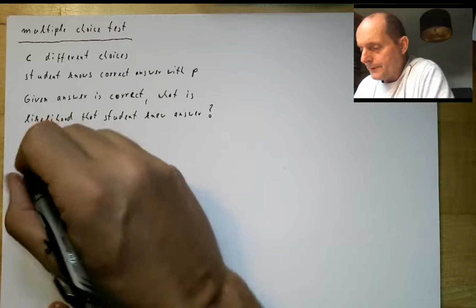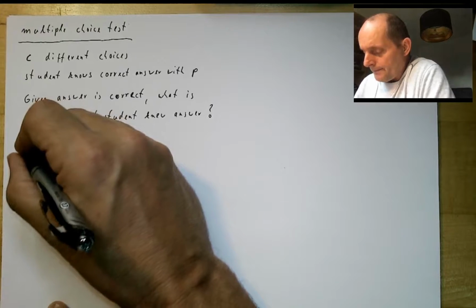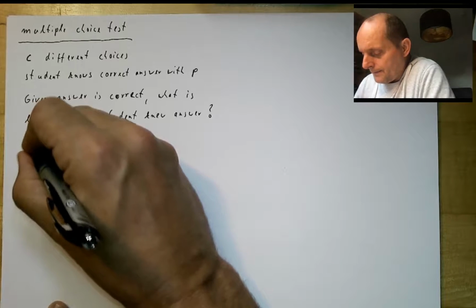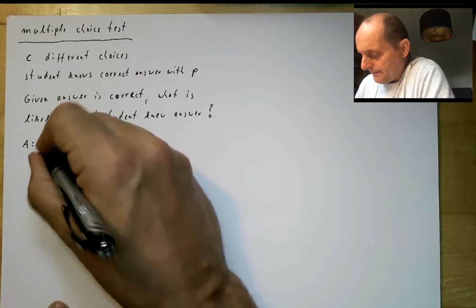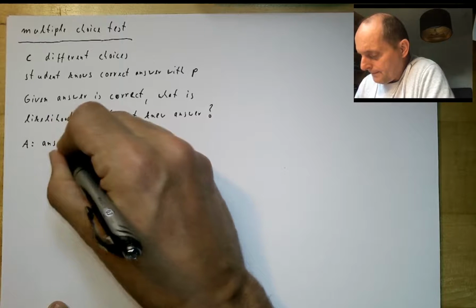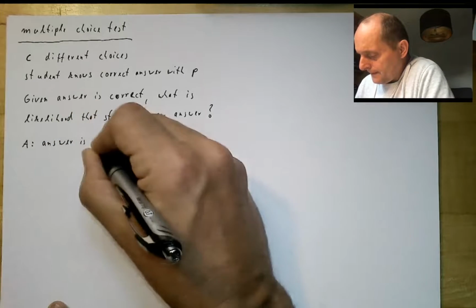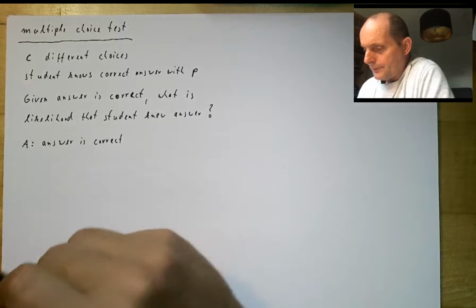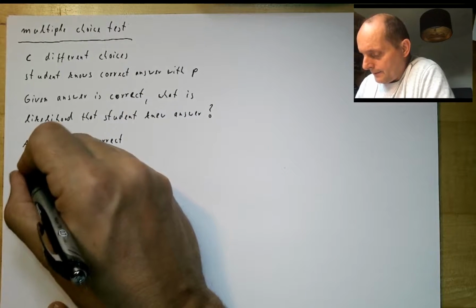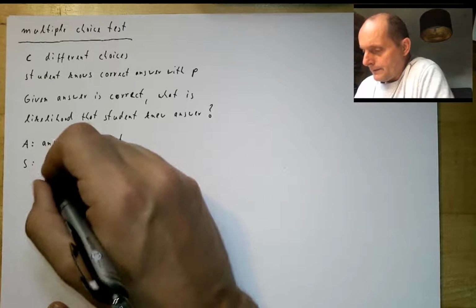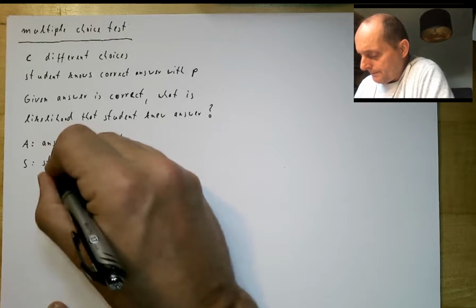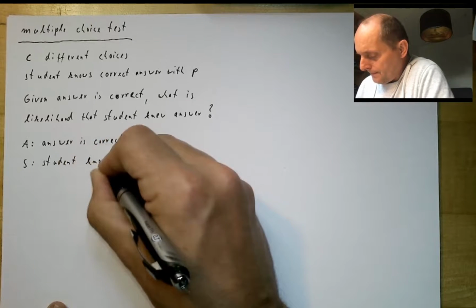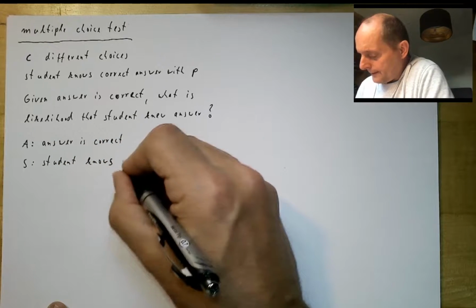Let's introduce some notation. Say we call A the event that the answer is correct, so the cross is in the correct position. Let's call S the event that the student knows the correct answer.